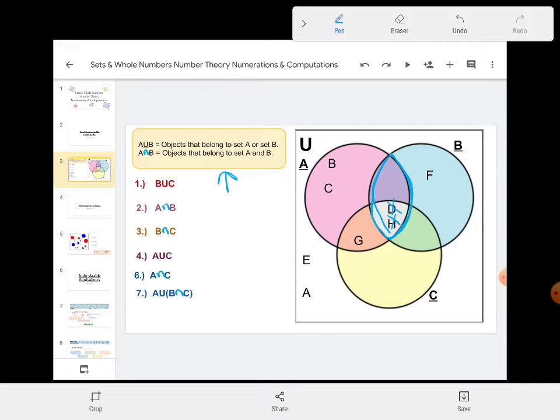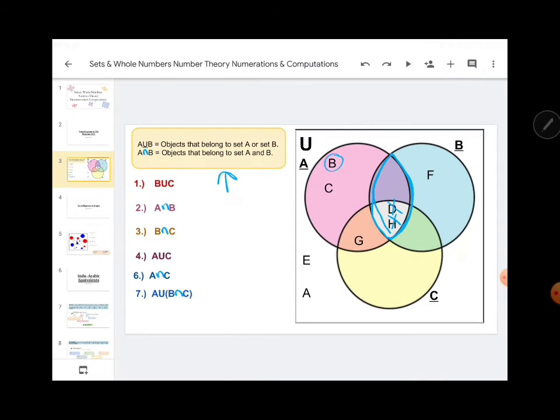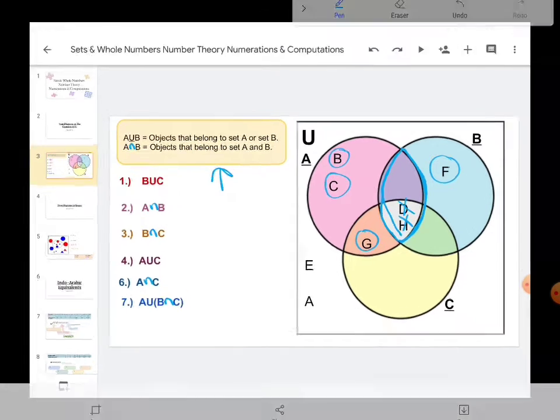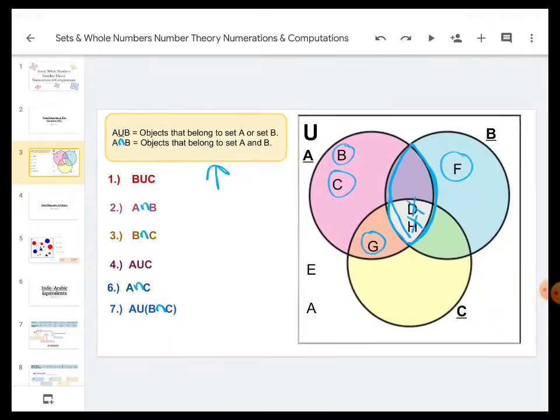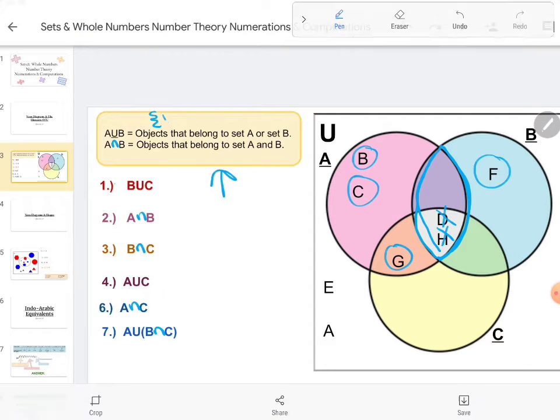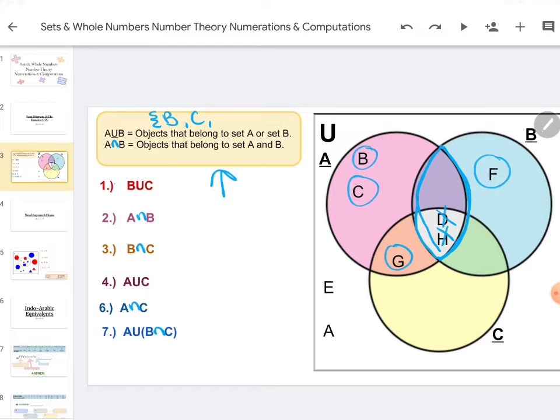Now, when we look at circles A and B, we'll notice that we have B, C, G, and F. All 4 of these are going to be a part of our solution because they are either in the A circle or the B circle. They are not shared between the two, which means that our solution for A union B is going to be B, C, G, and F.